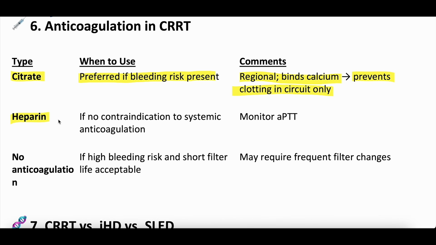Other shops use heparin. That's if there's no contraindication to anticoagulation. Sometimes you've got to monitor PTTs. Some dialysis machines can have heparin in the circuit, but some you have to do it systemically. Now, if there's a high bleed risk, or if you are okay with a shorter filter life, no anticoagulation is an option, but that filter might clot, which means you might have to replace it, and it might require frequent filter changes, which then limits the utility of your therapy, obviously, because every time you have to change the filter, you have to stop the dialysis.